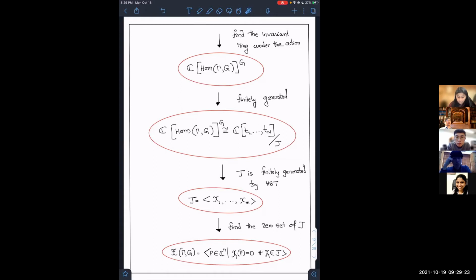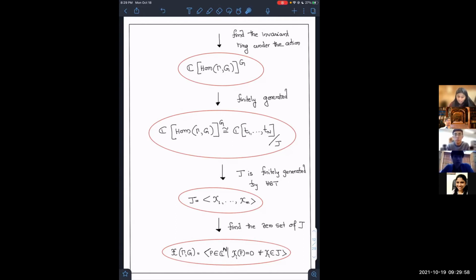To get that, we know that it's finitely generated, so we can write it as a quotient of a polynomial ring. And once we get that ideal, we find the zero set of that ideal in C^N. So that gives us the character variety, or the G-character variety of Gamma. Okay, so this is the idea.